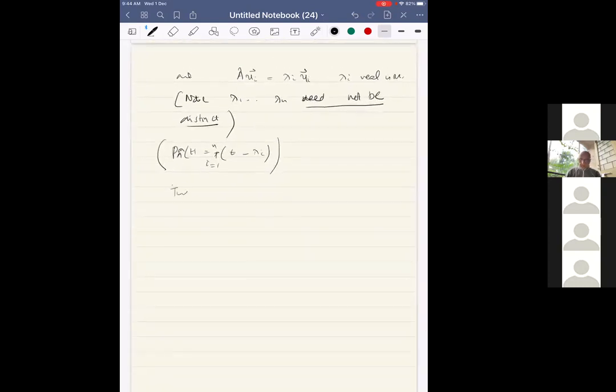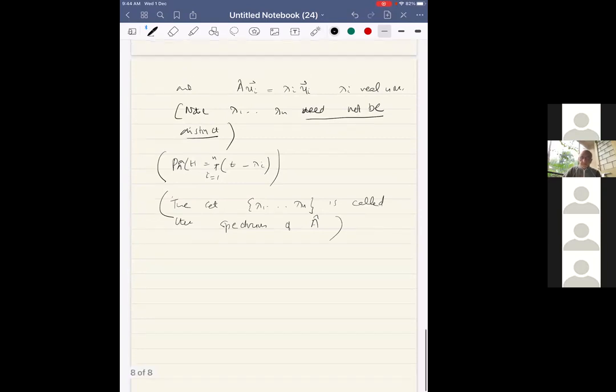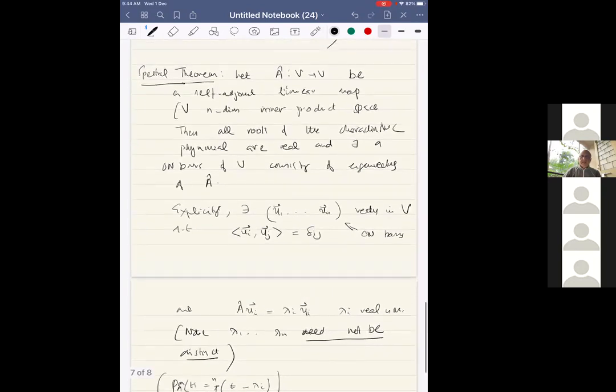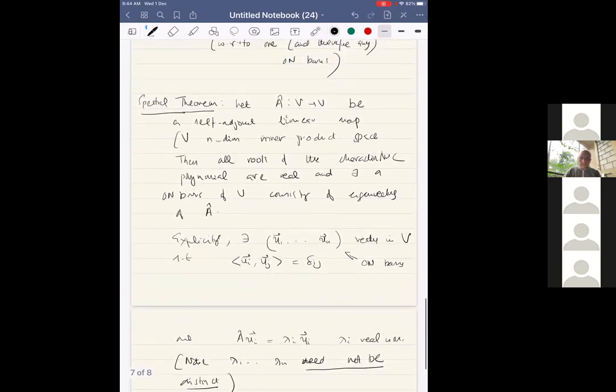The set lambda 1 to lambda n is called the spectrum of A hat, hence the term spectral theorem. Okay, so now I'm going to begin the proof of this theorem. But before that, any questions?